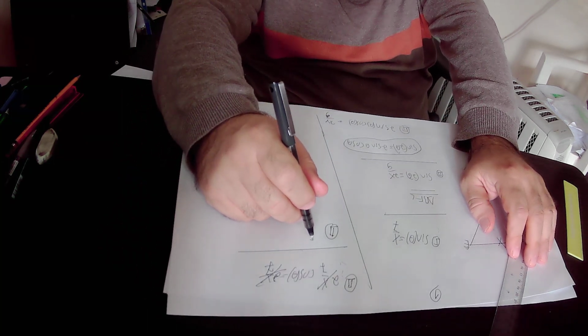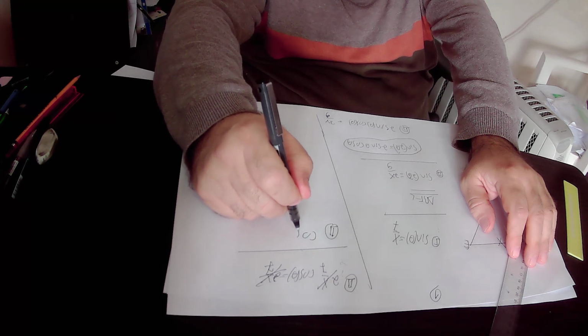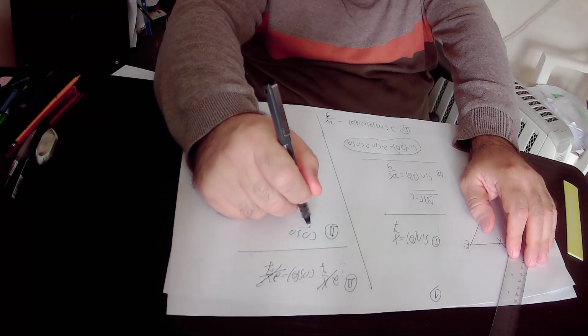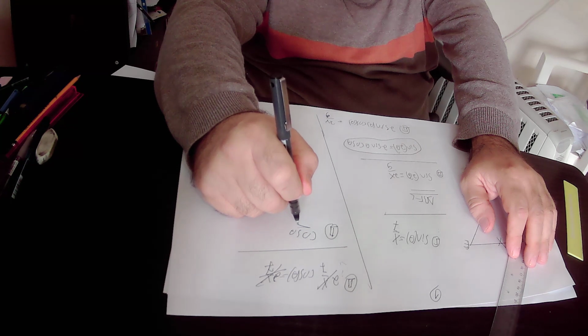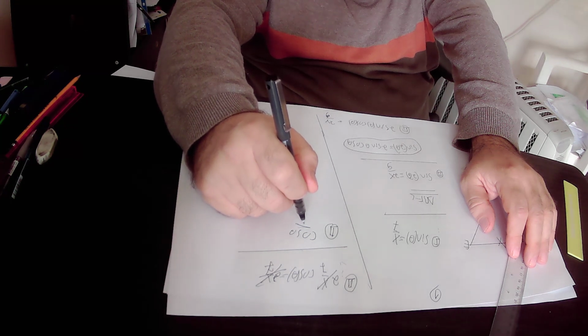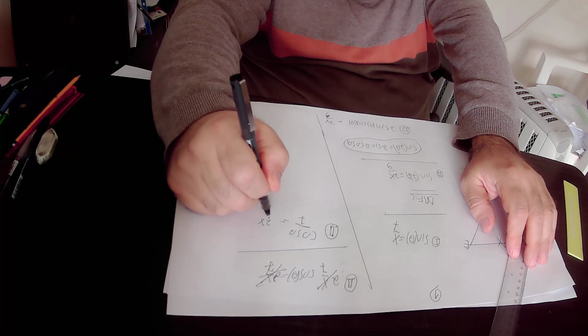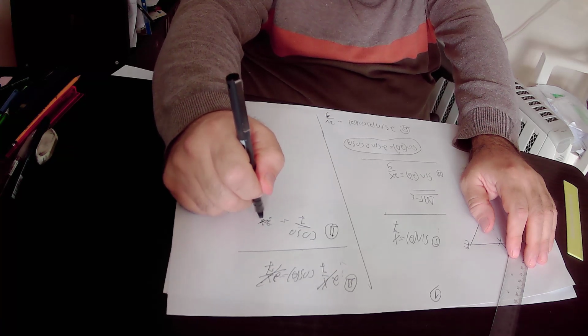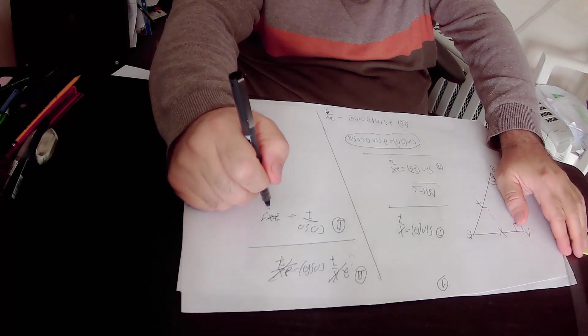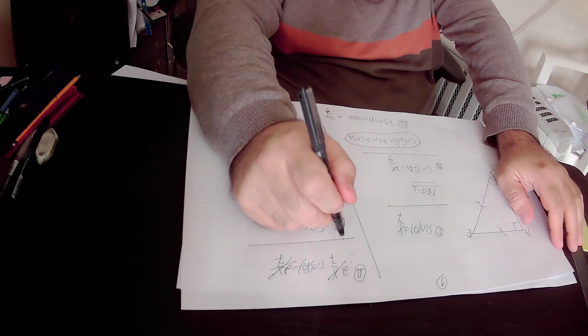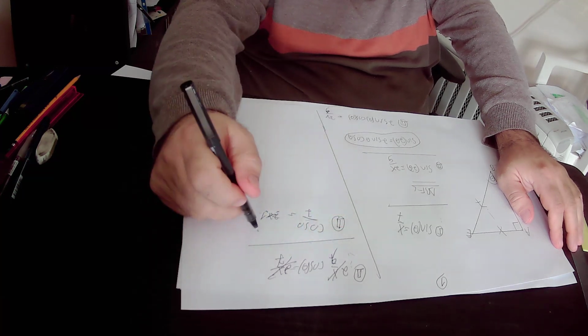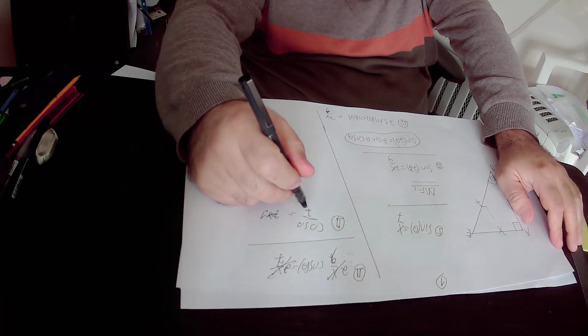It is actually cosine theta over 7 equals 1 over 9.